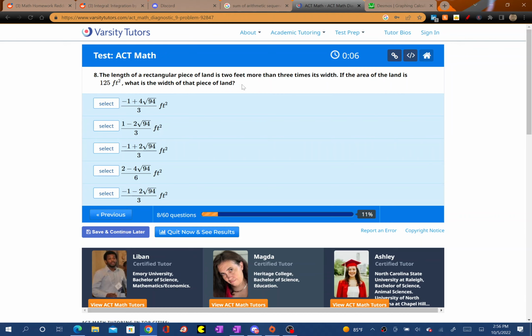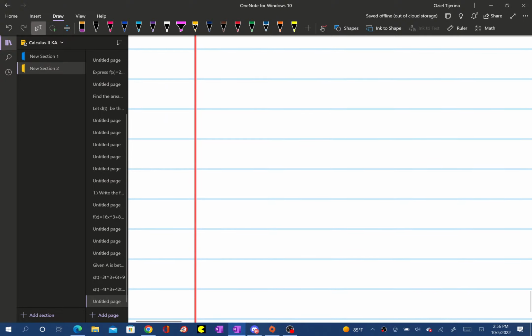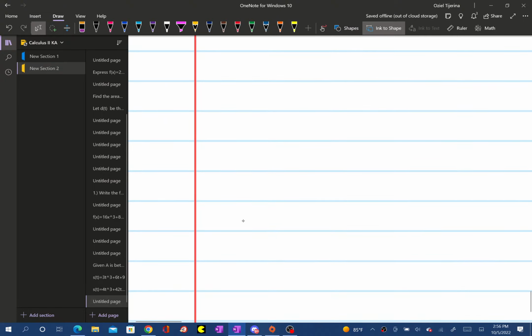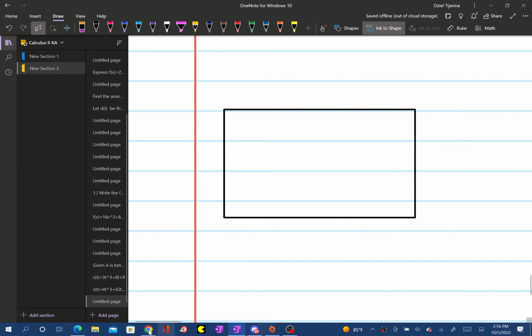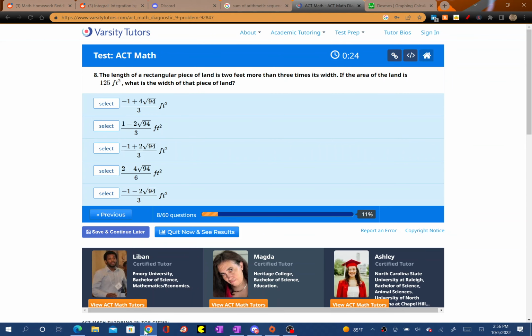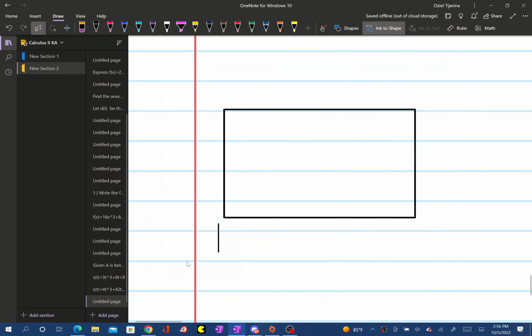Let's see here. The length of a rectangular piece of land is 2 feet more than 3 times its width. Okay, so obviously we have a rectangle going on, something like this. And it says that the length is 2 feet more than 3 times its width.